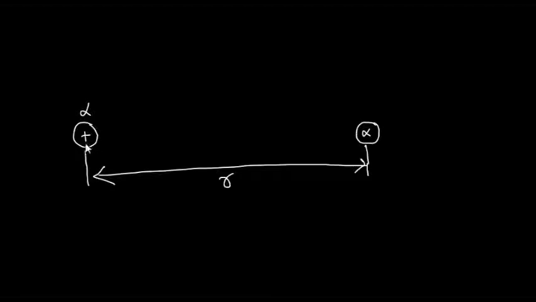The electrostatic force of repulsion is working in this direction, and the gravitational force of attraction Fg is working in this direction. Similarly with this one, the gravitational force of attraction is working in this direction, and Fe, the electrostatic force of repulsion, is working in the opposite direction.